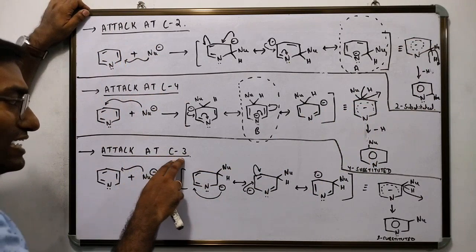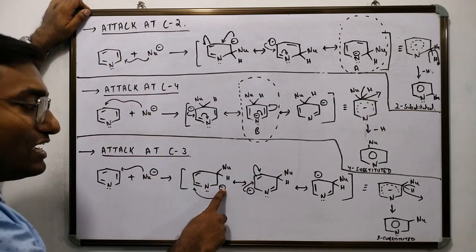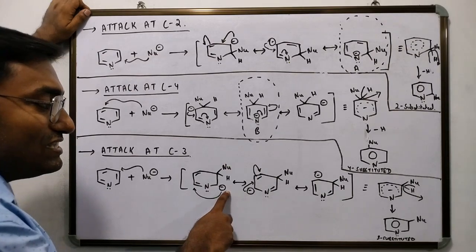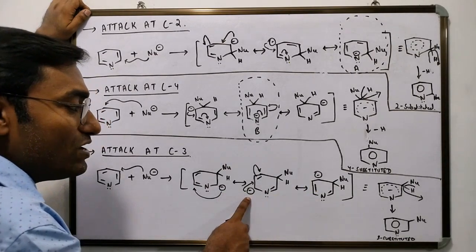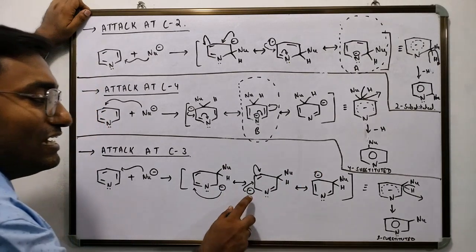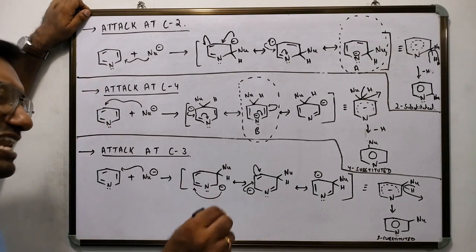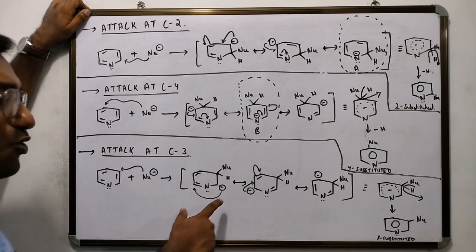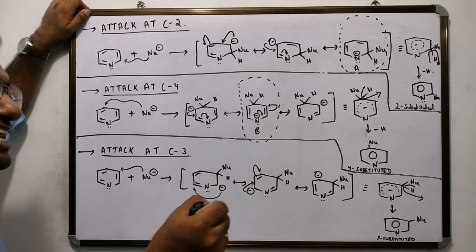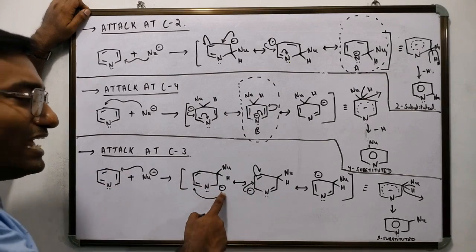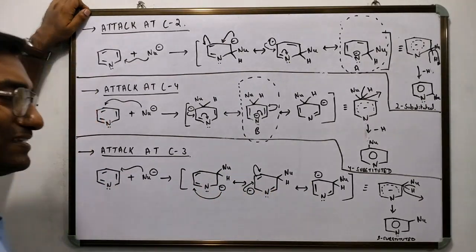Contrarily, attack at C3 involves those structures in which the negative charge is over the carbon atoms. Negative charge is less effectively absorbed over the shell of an electropositive atom like the carbon atom in this case.